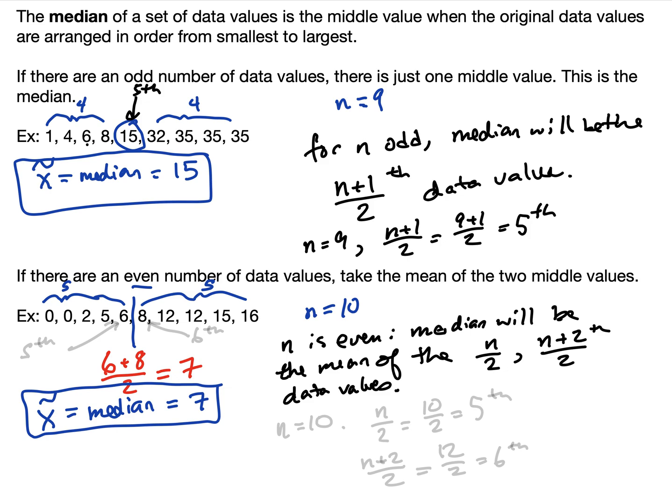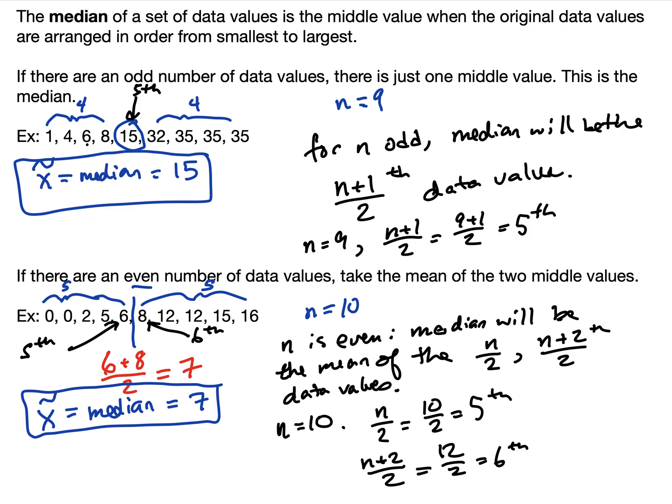So in our example here, again, n was 10, and so n over 2 is 10 over 2. That's the fifth data value. And (n plus 2)/2 is 12 over 2, the sixth data value, just the next one. And so we can see that, yes, this in fact is the fifth data value, and this is in fact the sixth data value.